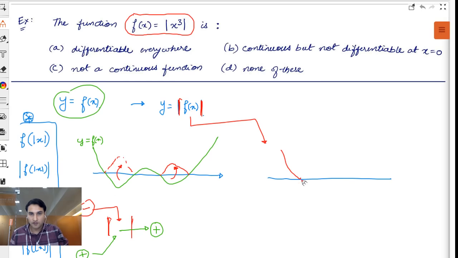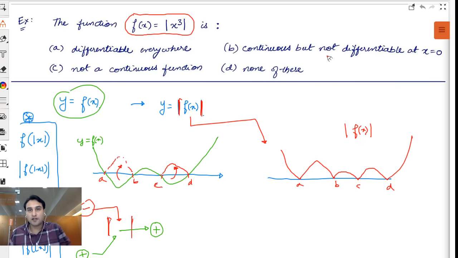This negative will jump up as a mirror image or a reflection about x-axis. Positive remain positive. This negative jumps up something like this, and positive will remain positive. So if these points are A, B, C, D, so this will be A, B, C, D. Super duper important for IIT. As far as differentiability and continuity is concerned, simple. You just need to look at the sharp corners. That's it.